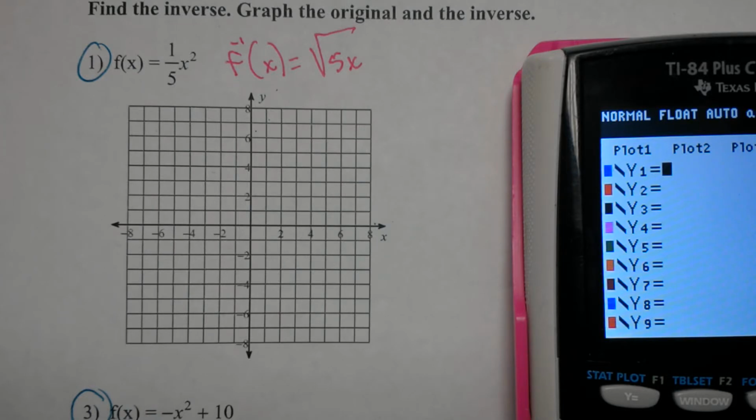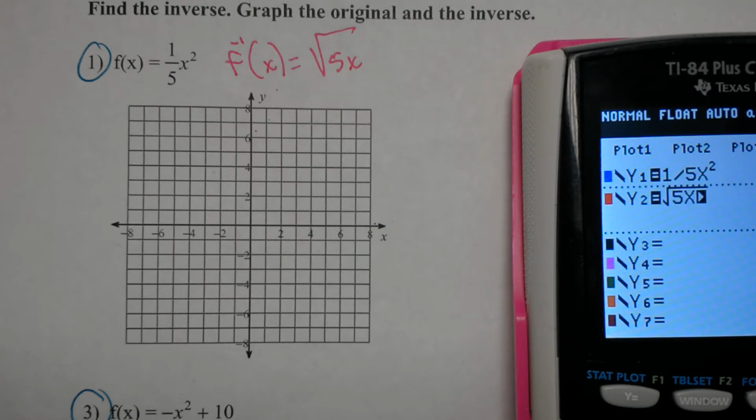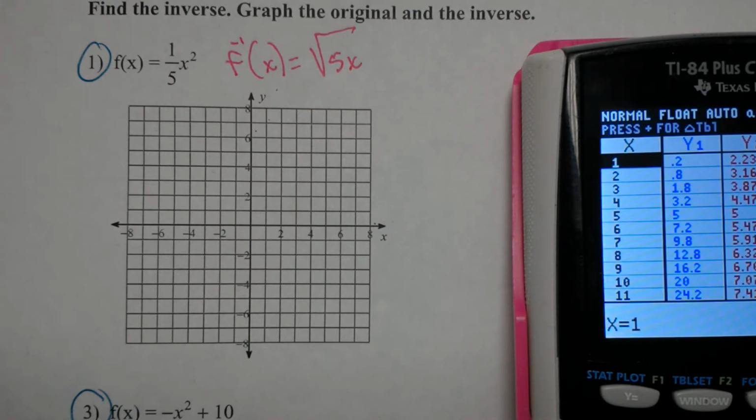Now that I have the function and its inverse, I can graph them. So I put them both into the y equals. I can find some points.